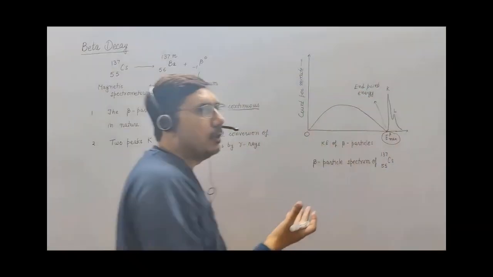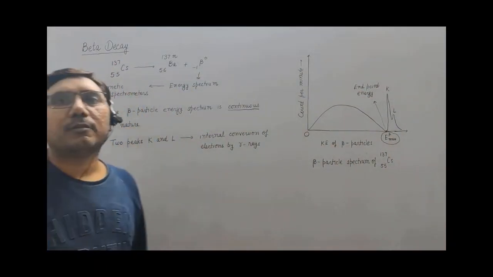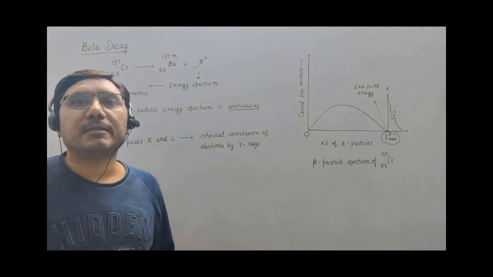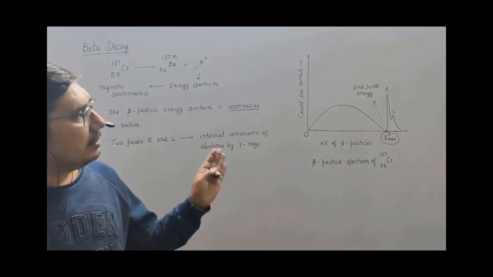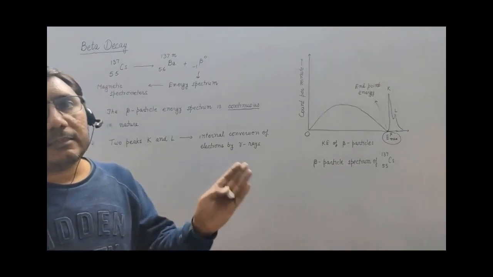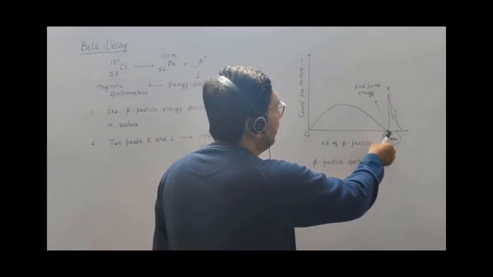When we have a sample of this nuclei, the sample emits beta particles of different energies, and the energies carried by these beta particles are continuous in nature.